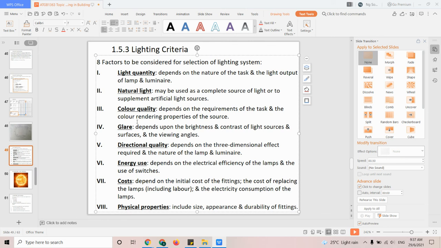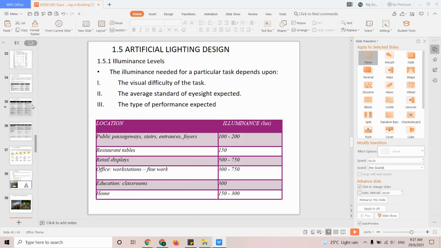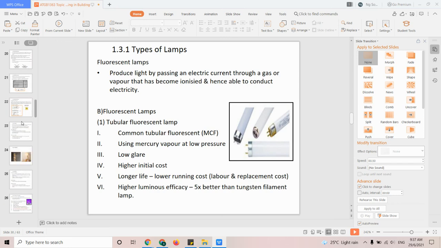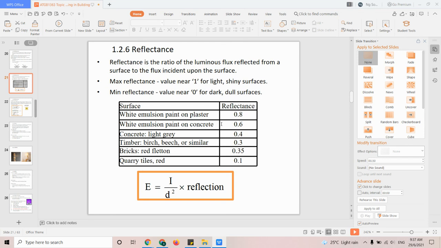Like in the case of reflectance, we know that we have a different ratio based on the surface. This is also true in the case of light. Different colors, or different spectrums of light, travel differently.